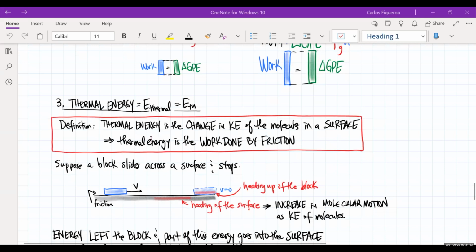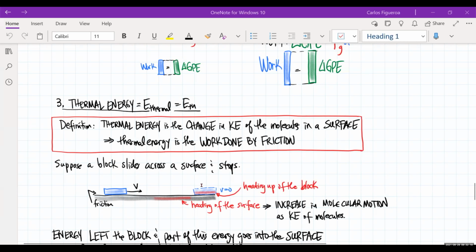So this is the work done by friction to change the kinetic energies of the molecules on the surface. It's the work stored in that. But there's a big difference between thermal energy and kinetic and potential energy. Not all of the work that was stored stays in the block.